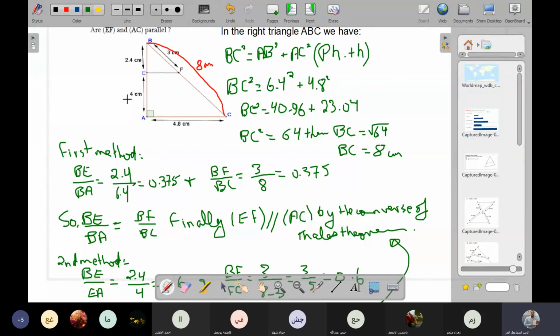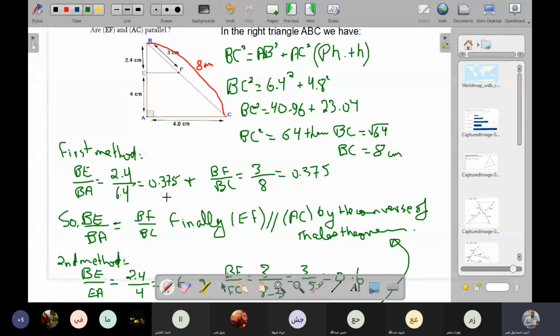Zahra. AE over EB equals CF over FB. Good. Other ratios. Batul. AE over EB equal CF over FB. Good. Other ratios. AB over EA equal FB over FC.